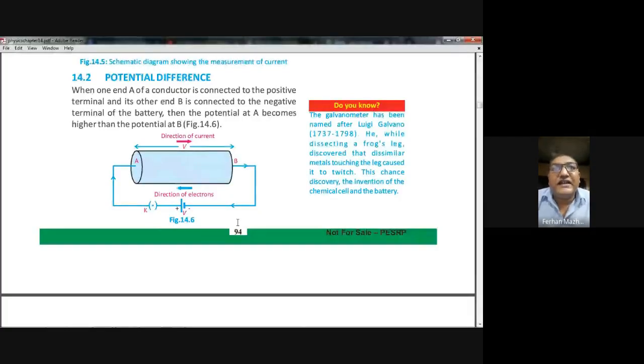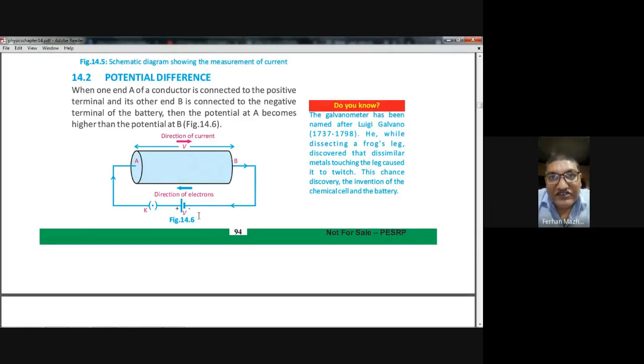So you see, it is very important to understand what happens when the charges come out of the positive terminal of the battery: their energy is full. They have a lot of energy in them, whatever energy the cell can provide. And when they flow through this circuit and come back, they have lost all their energy.